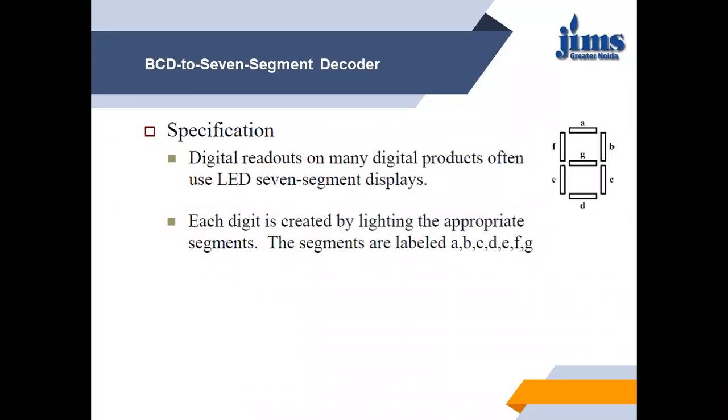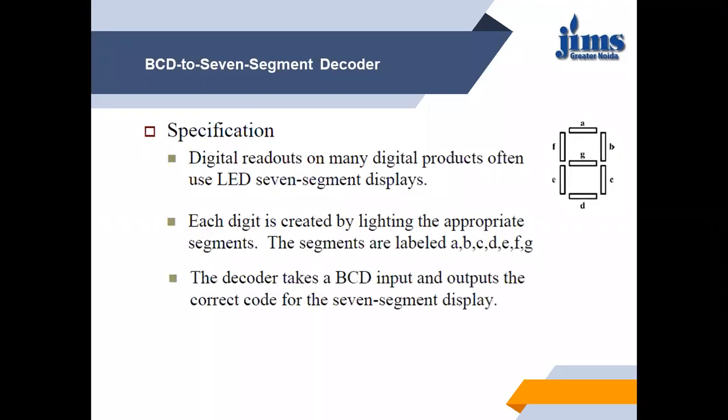Each digit is created by lighting the appropriate segments, labeled A, B, C, D, E, F, G. Lighting means whichever segment is 1 will glow; otherwise, it will be dark. The decoder takes a BCD input and outputs the correct code for the 7 segment display.